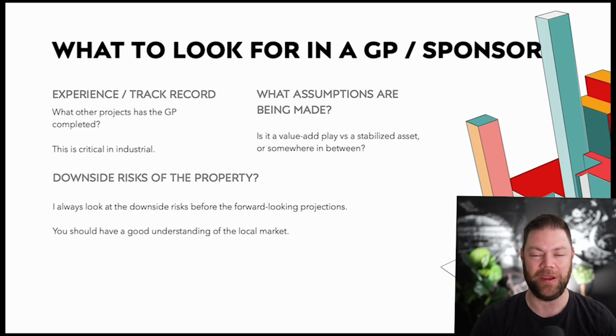And it looks very compelling. But before you go through that motion, and this is how I look at it myself, look to see what the downside risks are first. I am a downside risk first investor, where I want to fully understand what my maximum exposure is before I start looking at how sexy these numbers can look.